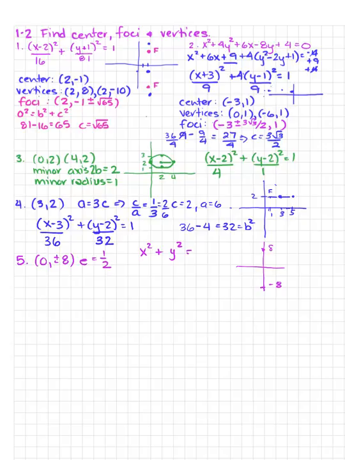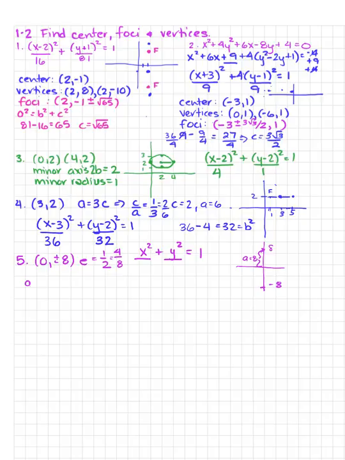That was the vertices. So I know that a is going to equal 8, which means that my c value is going to be 4.